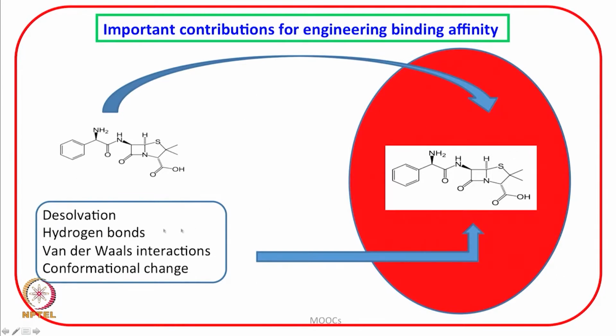Desolvation is removal of water molecules, and these interactions, hydrogen bonding, van der Waals interactions, conformational change, or some hydrophobic interactions may also set up between the various groups of the drug molecule and the constituents of the binding cavity. And each point which is mentioned over here will contribute to delta G naught, delta H naught and delta S naught.